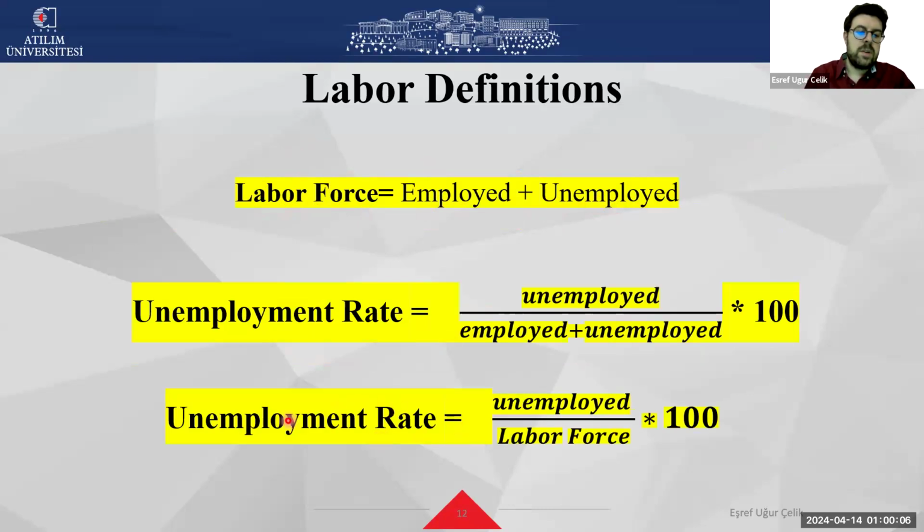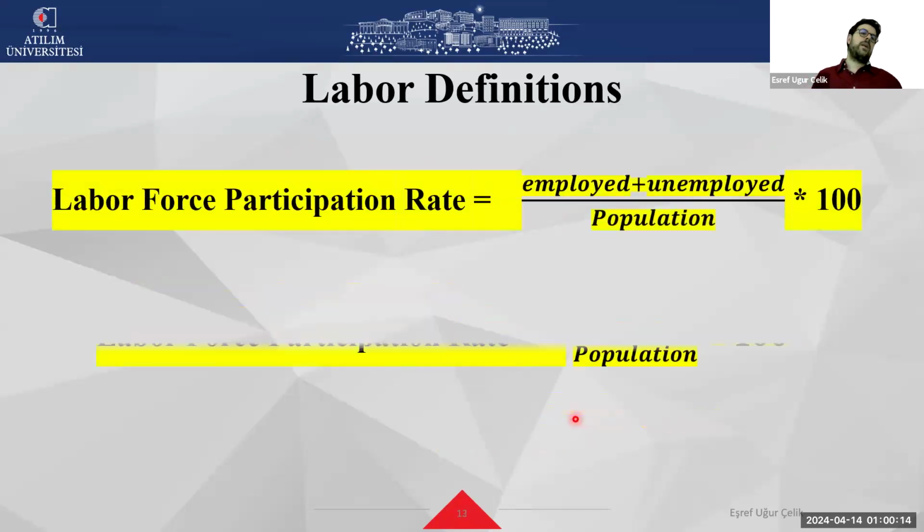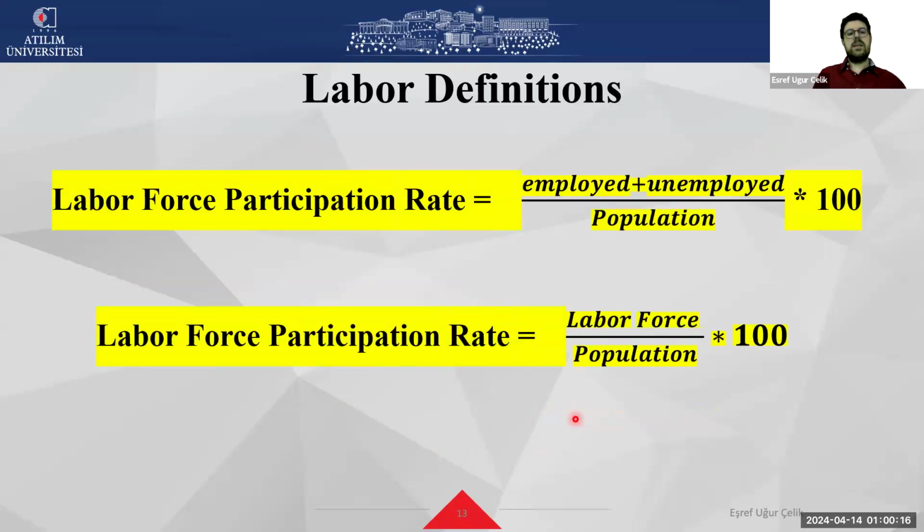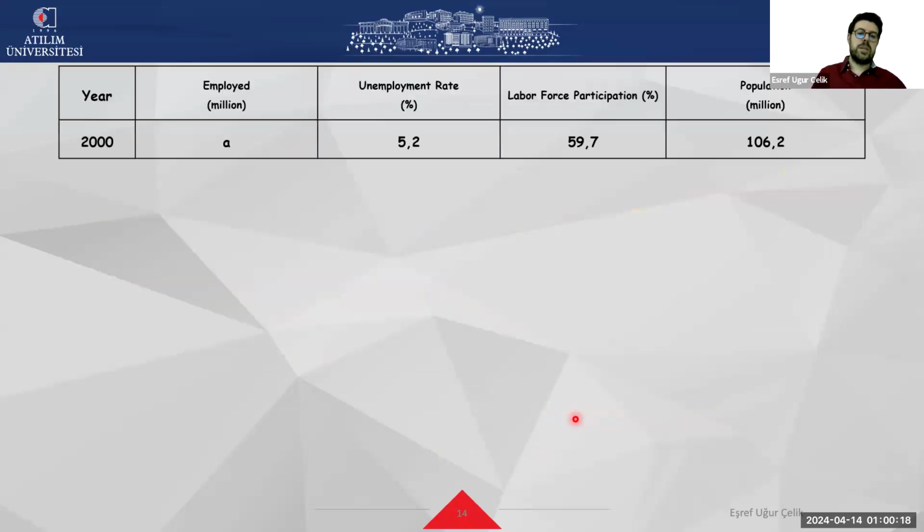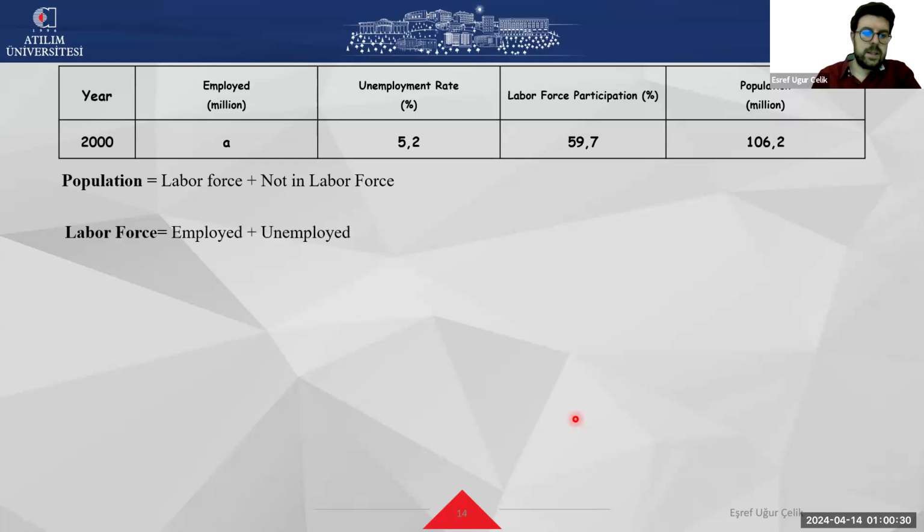Or if you know unemployment rate and labor force, you are ready to find unemployed. It's like that, okay? Okay, let's start. I'm going to write the population formula too, but don't worry, you are not going to memorize it.